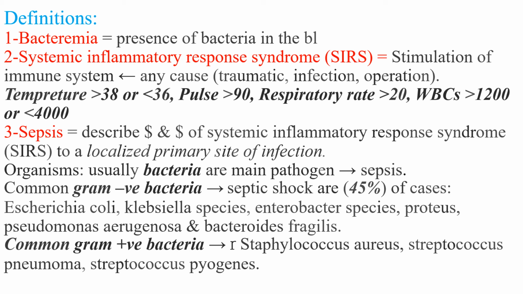Common gram-negative bacteria will lead to septic shock in 45% of cases: Escherichia coli, Klebsiella species, Enterobacter species, Proteus, Pseudomonas aeruginosa, and Bacteroides fragilis. Common gram-positive bacteria are Staphylococcus aureus, Streptococcus pneumoniae, and Streptococcus pyogenes.